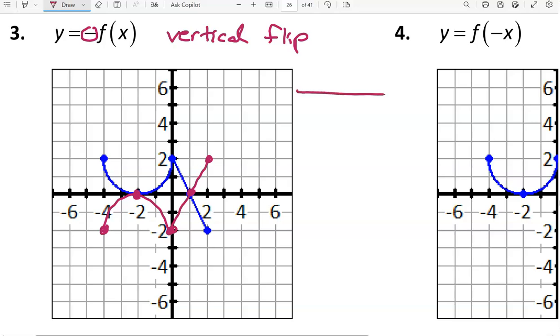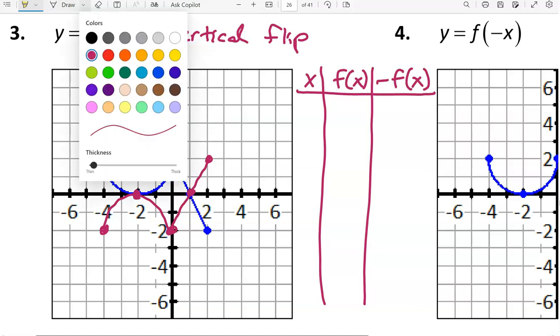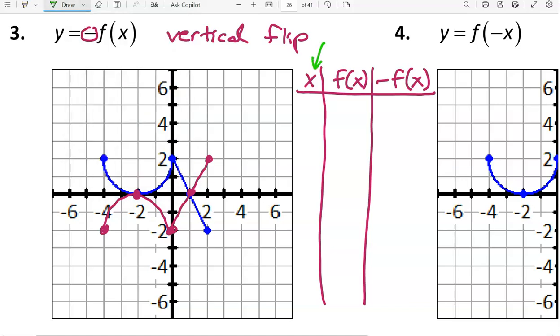If you prefer the table of values approach, we are taking our x values, finding their f of x values, and then multiplying the outside of that by -1. And again, we have our input and our output variables.